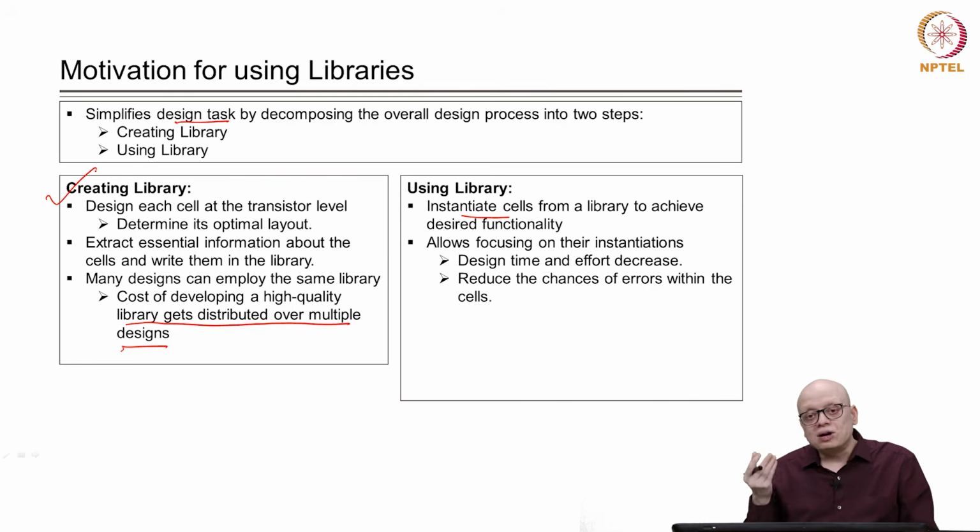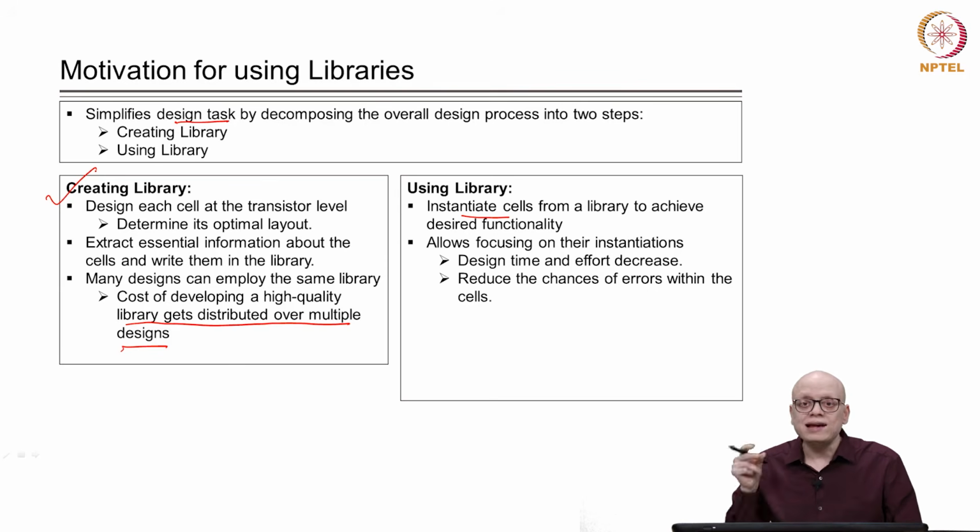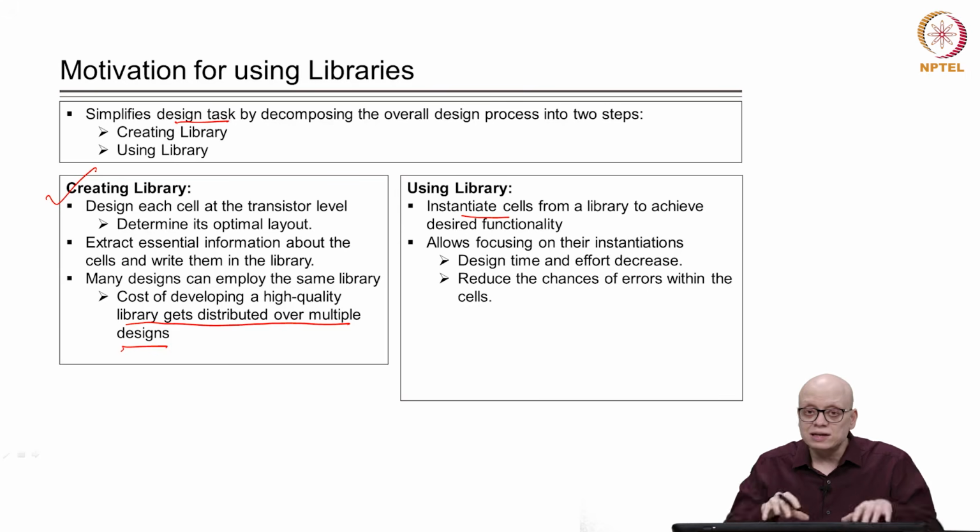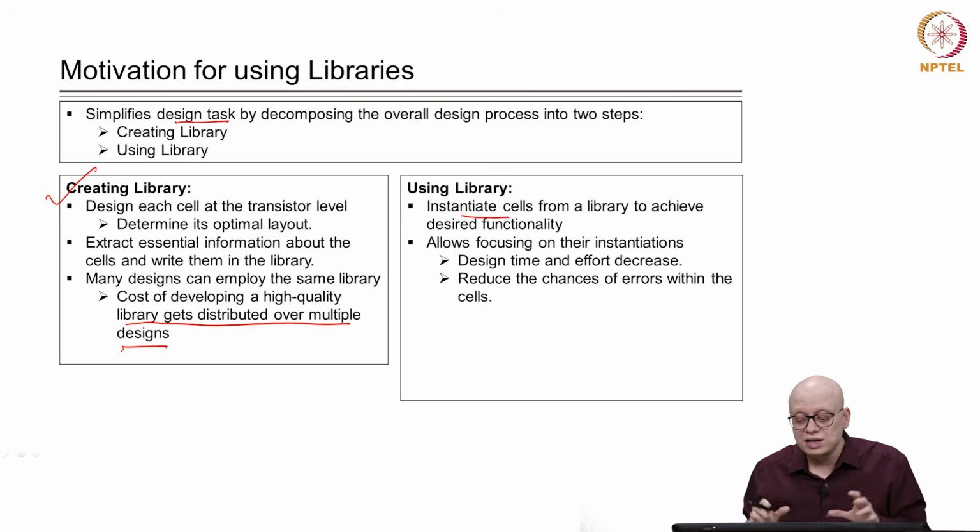So, the person who is using the library cannot introduce any extra errors inside the cells, because he or she is not making any change inside the library cells. The changes are only in the instantiations. So, the scope of error also decreases a lot in creating, say, a multi-million gate design.